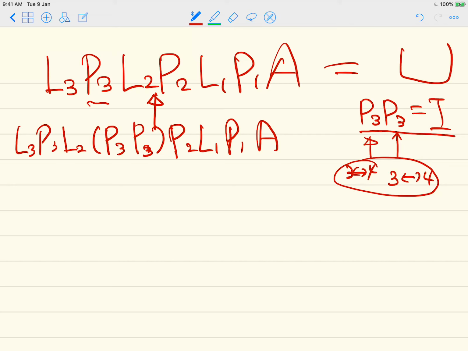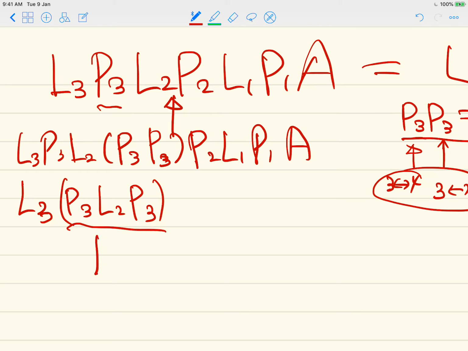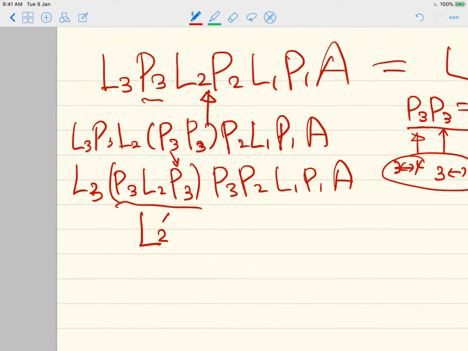Okay, so in this case, let's consider this P3, L2, and P3 as a new matrix that we call L2 prime. So we use the first P3 over here, and then P3, P2, and L1, P1, and A, right?